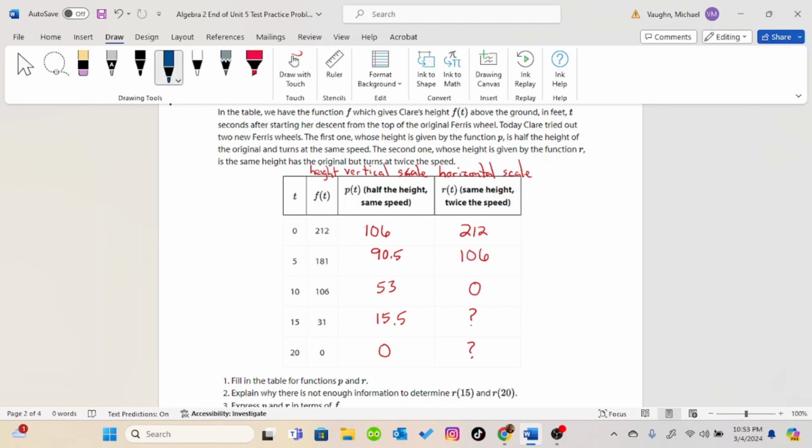Number 2, explain why there is not enough information to determine r of 15 and r of 20. To find r of 15, we need to know f of 30.